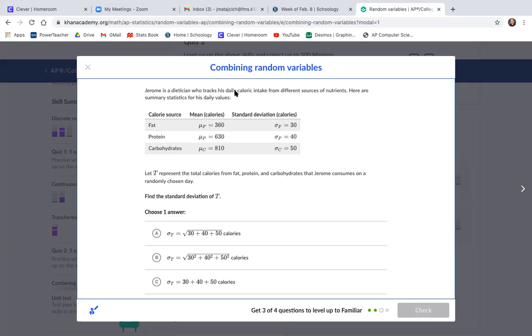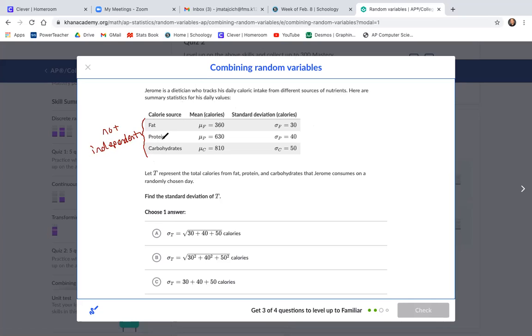I think the answer to that question would be these three variables, fat, protein, carbohydrates, are probably not independent. Like, if we know he was eating some steak that was really high in protein, a fatty cut, it's probably going to be high in fat.